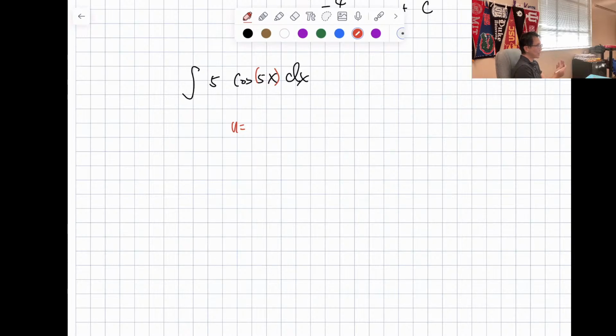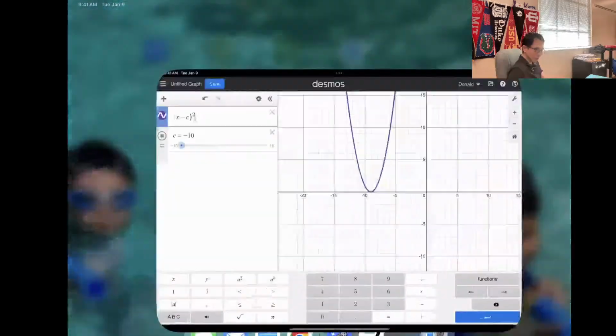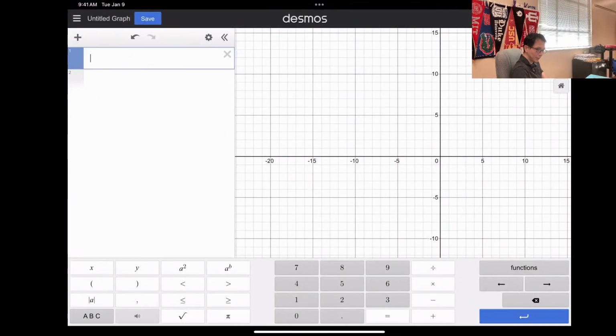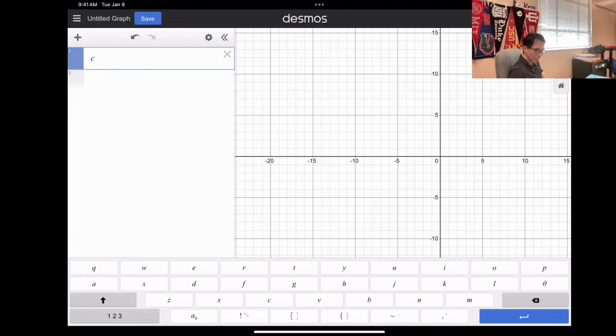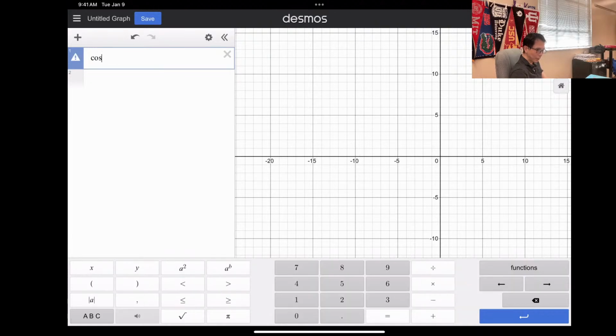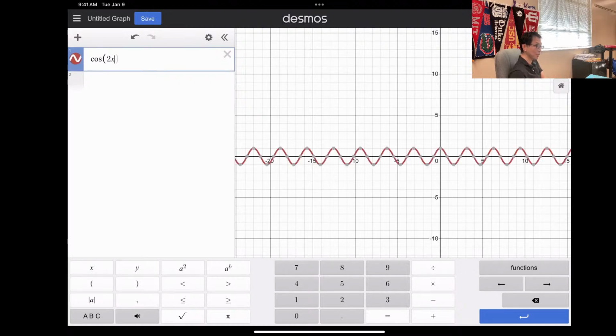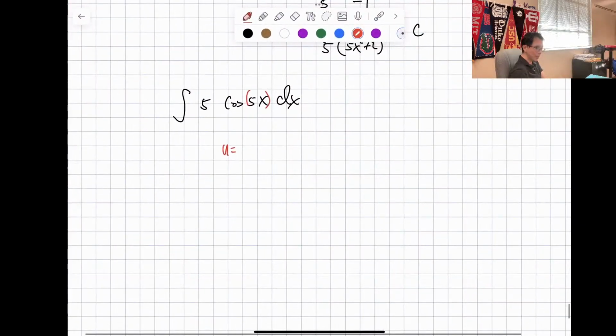So you have to see that there's an argument there, because if you type in cosine of anything, it still gives you an error until you have an argument like x or 2x. Cosine of 2 is actually a constant, but cosine of 2x becomes a function.